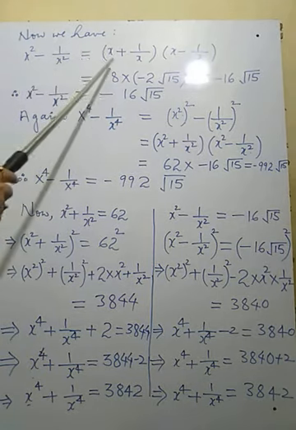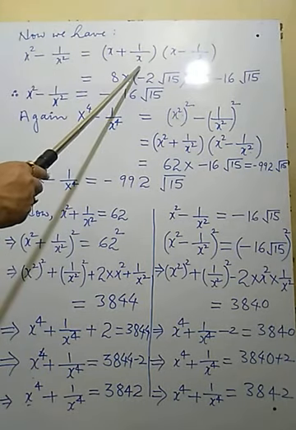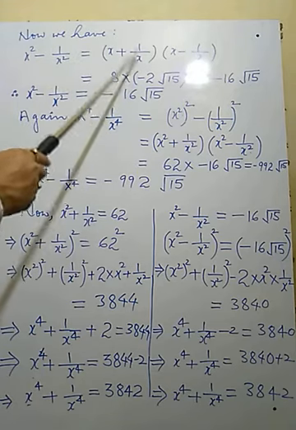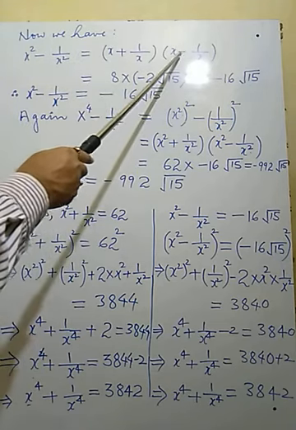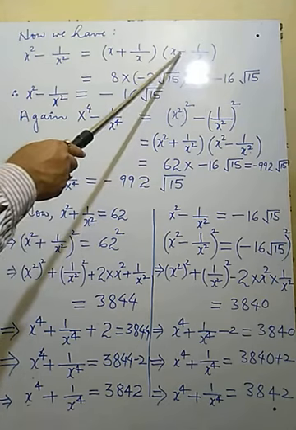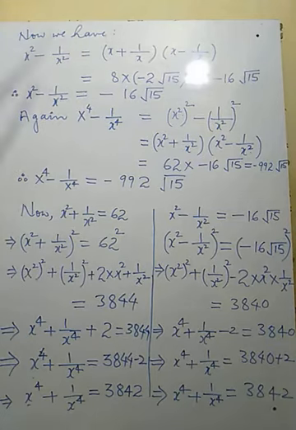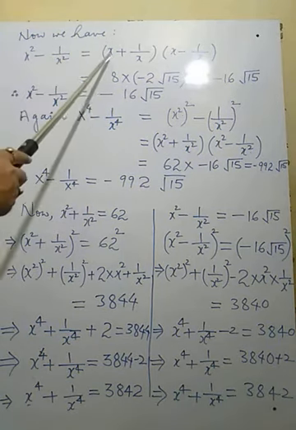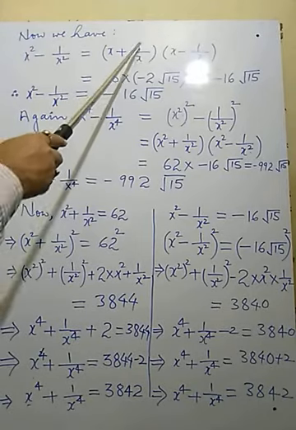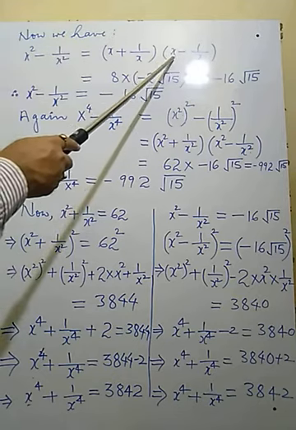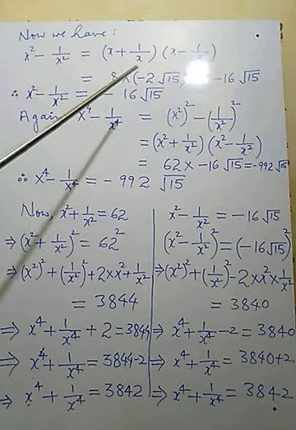A plus b means x plus 1 upon x. Without power both will be added here, and without power it will be in the form of subtraction. Same thing plus, same thing minus. Now x square minus 1 upon x square equals, in one bracket x plus 1 upon x, and in the second bracket x minus 1 upon x.